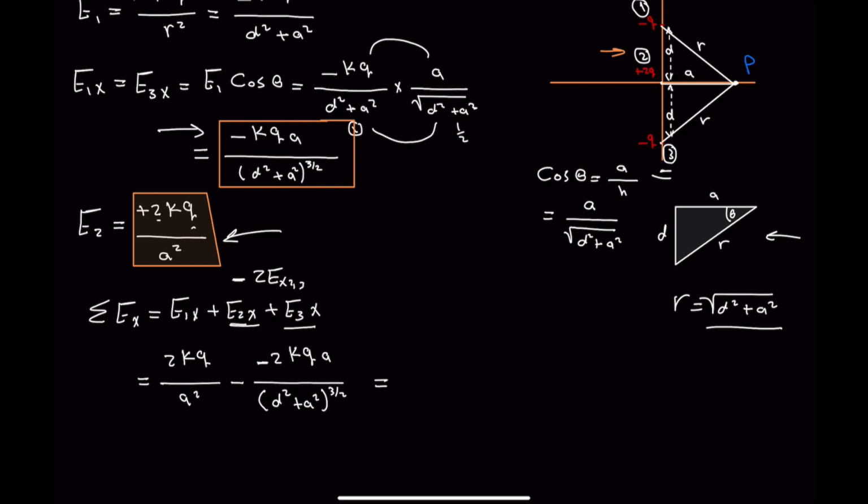To simplify this, to get the final expression, we can take the 2 and the k and q as a common factor.